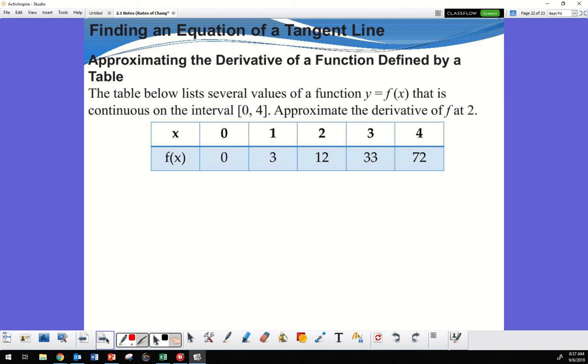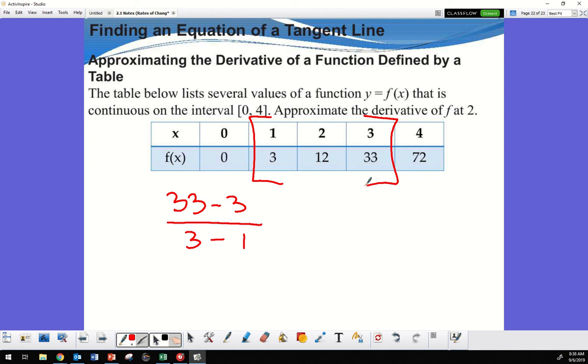Use 2 and then 3. Is 2 right there in the middle? Average?